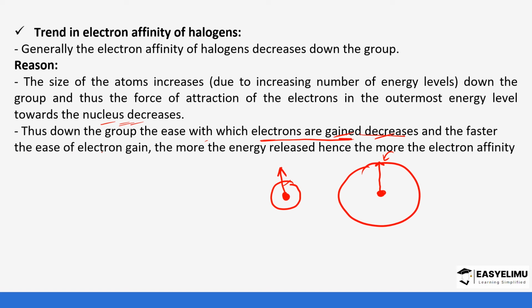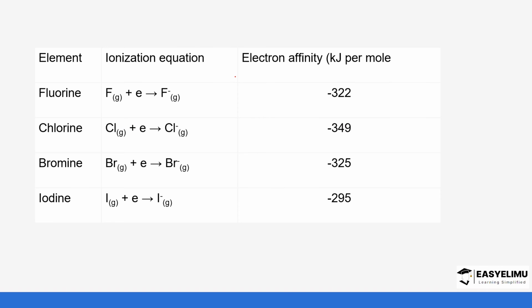The easier the electron gain, the more energy is released, hence more electron affinity. So as you go down the group, there is less electron affinity and less energy released, because the nucleus is so far away from the outermost electron compared to the small atom.